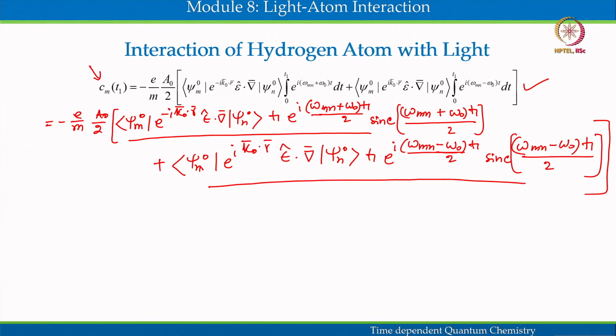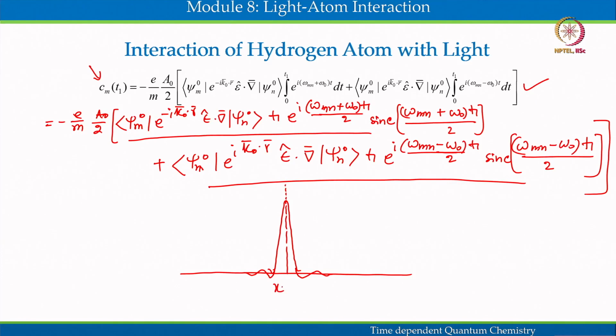If we look at the behavior of the cardinal sine function, it is a very sharp function. It has a value only very close to this 0 point, otherwise it does not have a value. So if we plot the cardinal sine function, it will be like this. This is the cardinal sine function value.